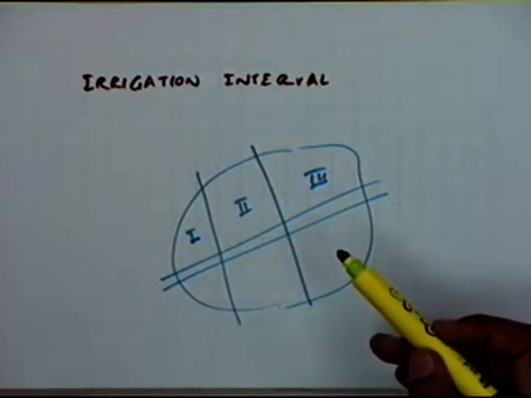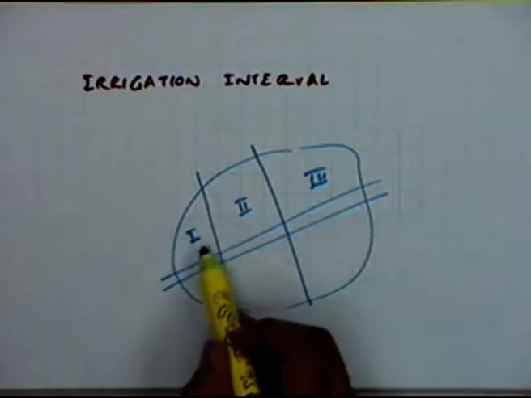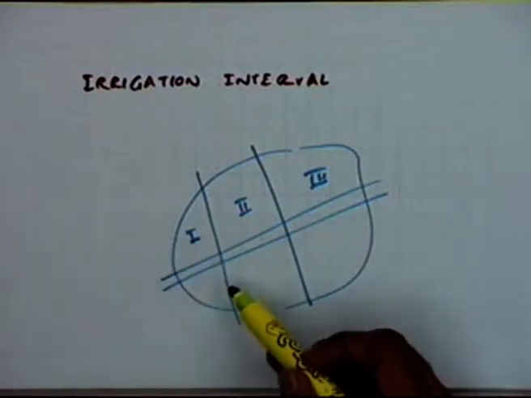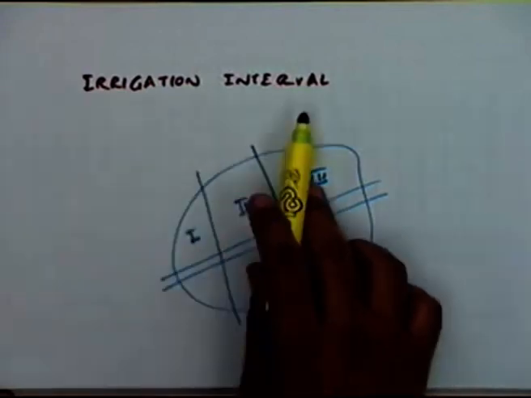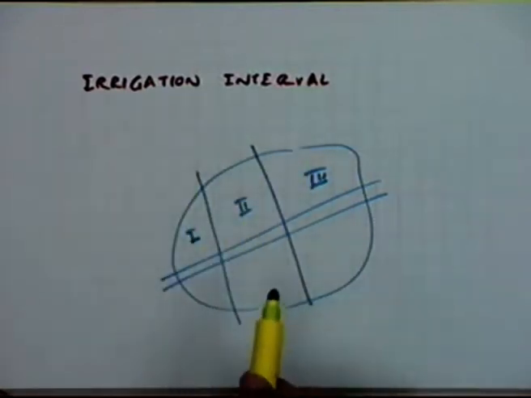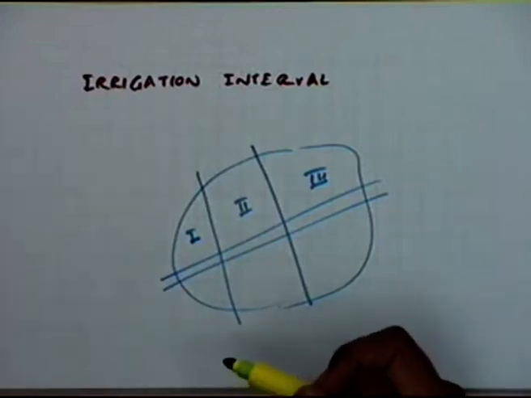What is the rate at which the water is getting lost from that soil zone? All those things we have to look into and decide accordingly how the parameters have to be set.